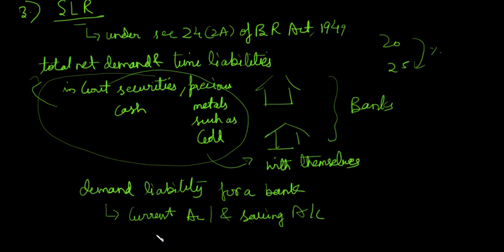In the case of current and saving accounts, customers can withdraw or deposit money anytime whenever they demand. So it is not restricted. So this is the demand liability for a bank.